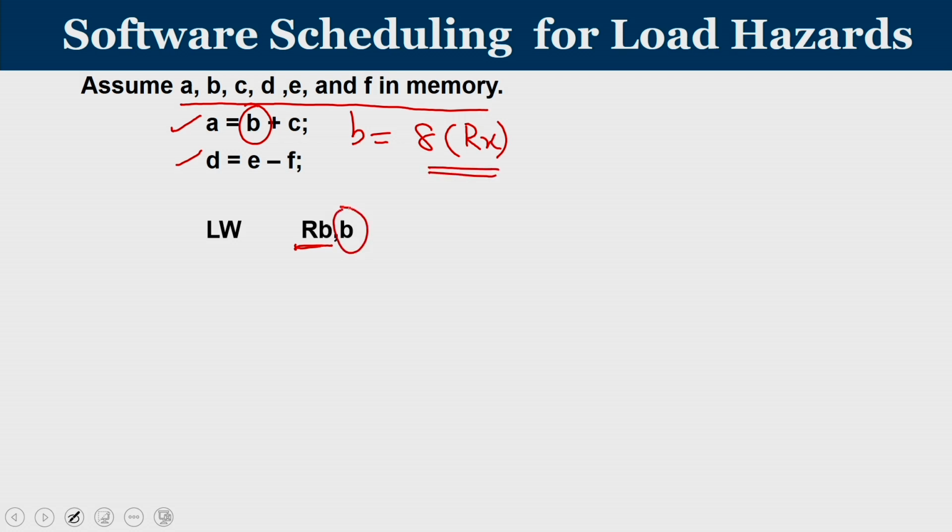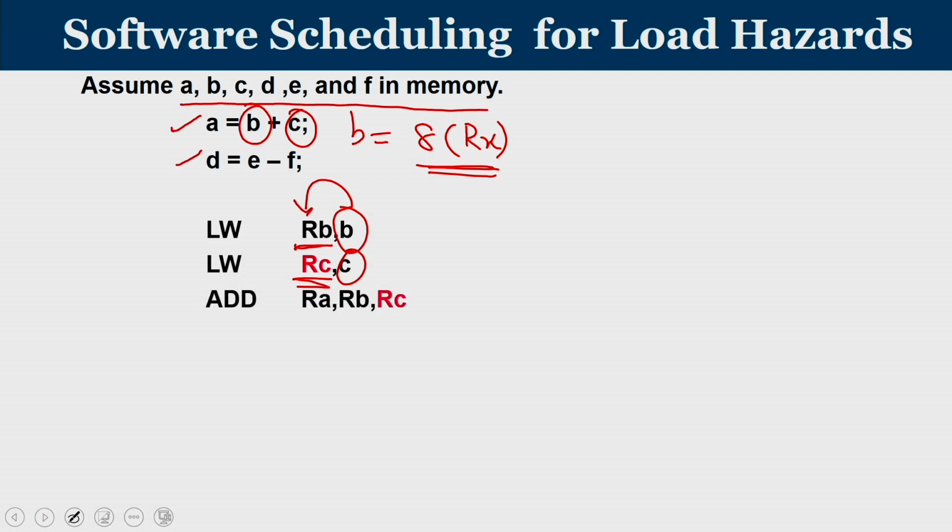Whatever B is, the displacement and the name of the register is not relevant, whatever it is has to be loaded into register RB, and then I am going to load the register RC with the corresponding value of C. So, now you can see that the values of B and C are now available in registers RB and RC. Now, I have to add them.